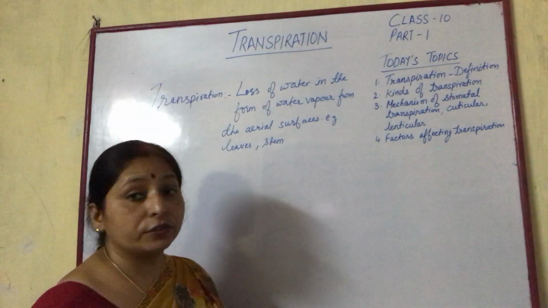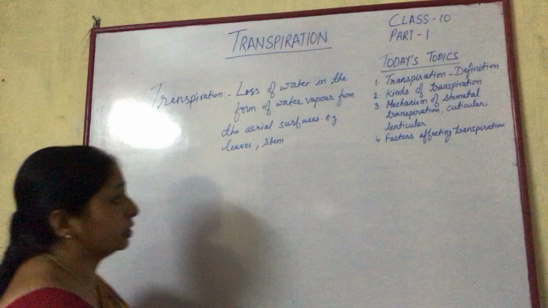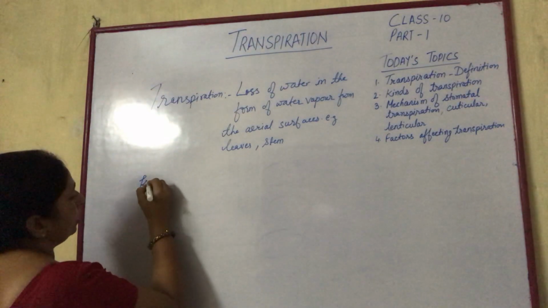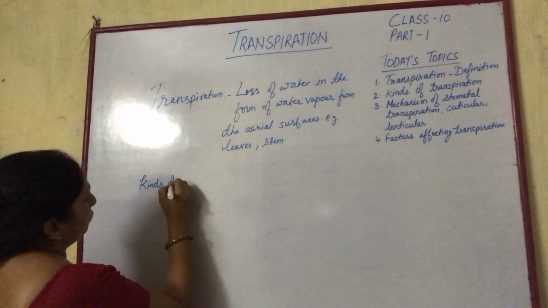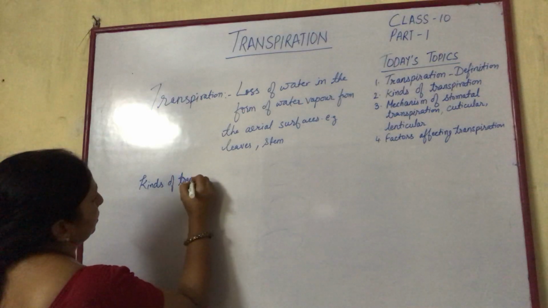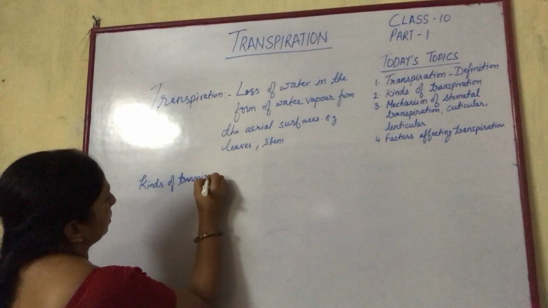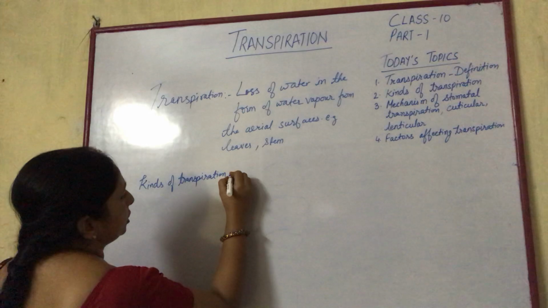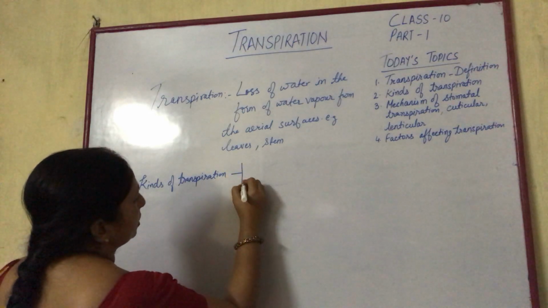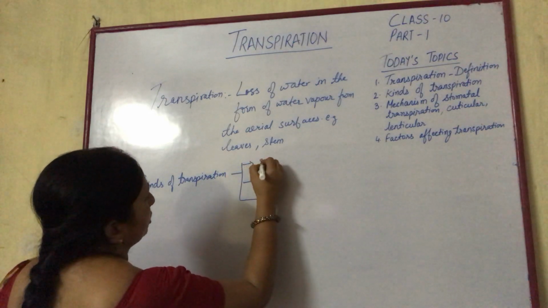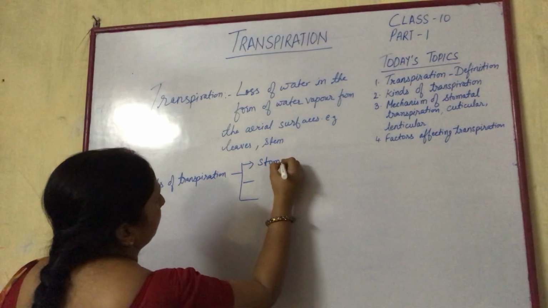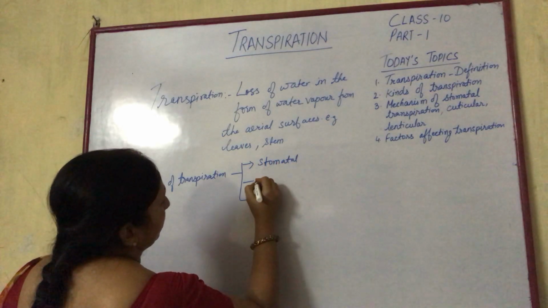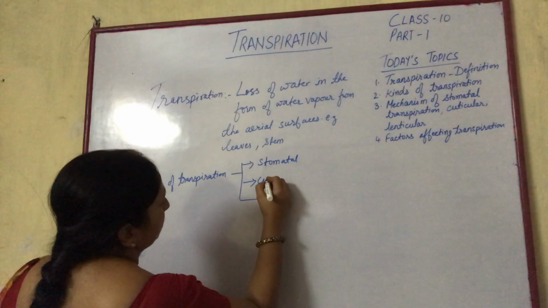Then the kinds of transpiration. Transpiration is basically of three types. Number one, stomatal. Number two, cuticular.